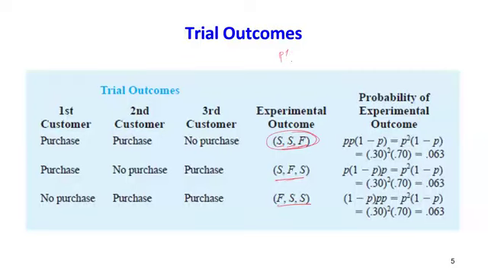It's the probability of S intersection S intersection F. With the multiplication rule, as these are all independent, I'm not saying that the second person is influenced by the first person. If the first person is making a purchase, then only the second person is making a purchase. I'm not considering that. So these are all independent events. If I want to calculate this, I can just write it by using the multiplication rule. I can write it like this.